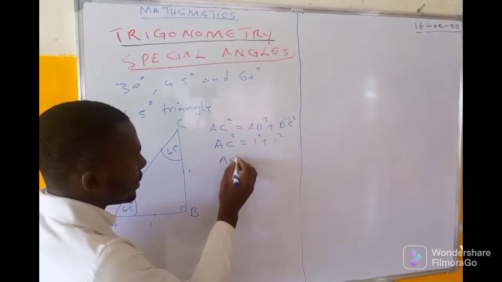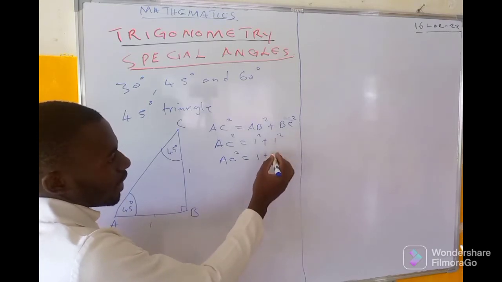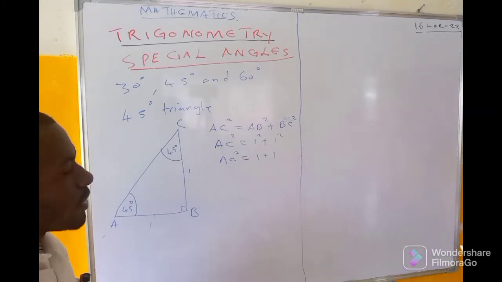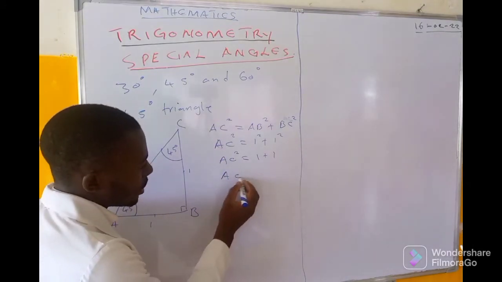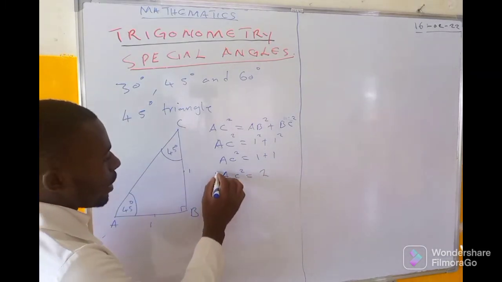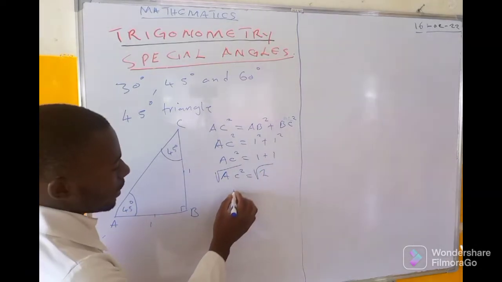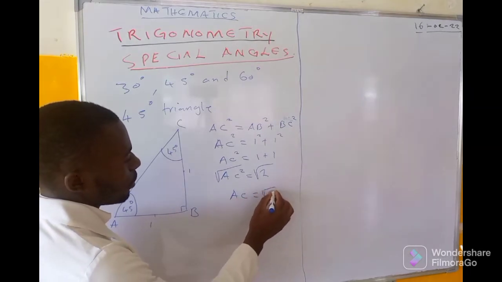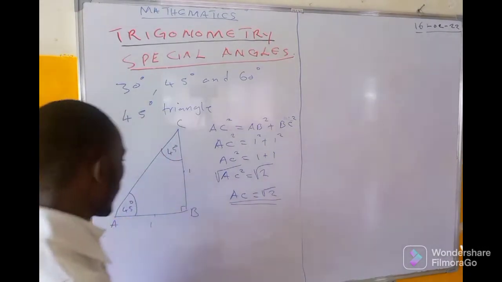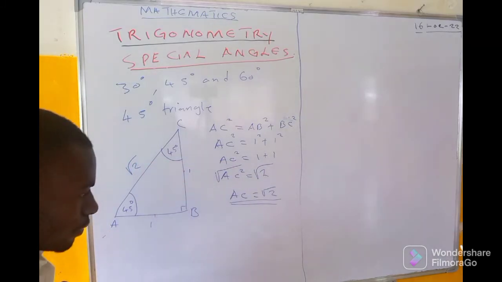So AC squared is equal to 1 squared, which is 1, plus 1 squared, which is also 1. 1 raised to any power, the answer will still remain 1. So AC squared is equal to 1 plus 1, you're going to have 2. Then you find the square root of AC squared, and also the square root of 2. So you're going to find that your AC is equal to the square root of 2. Remember, we are not using a calculator, so we are going to end from here. That means this side, the AC, is going to be square root of 2.